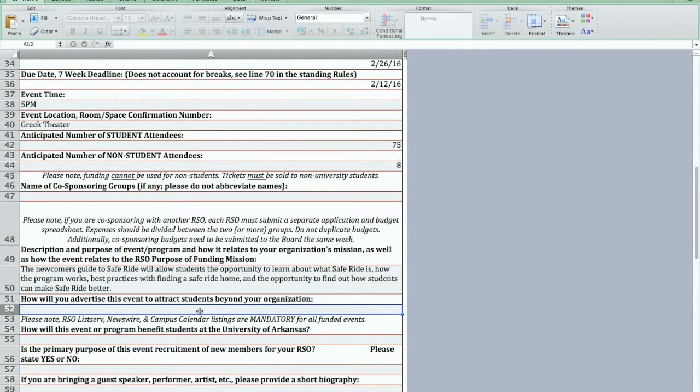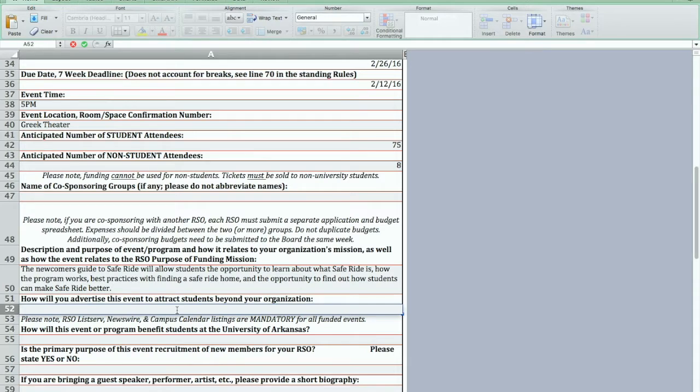How you will advertise this event and attract students. So obviously, like I said before, the RSO listserv, Newswire, and campus calendar are all mandatory, and the office staff post-approval will show you how to get those posted.